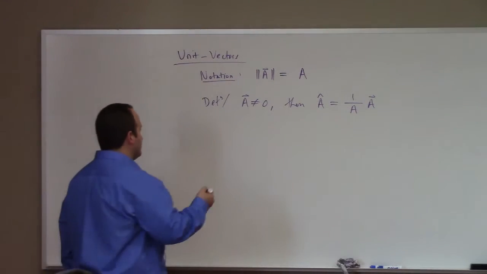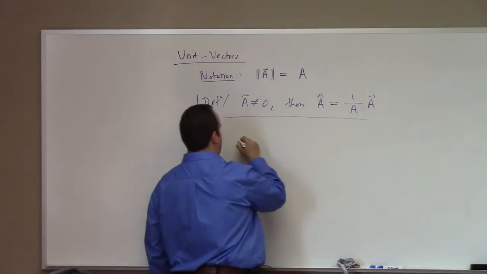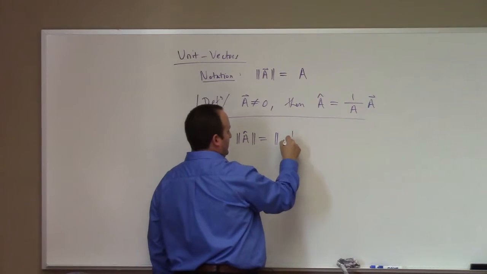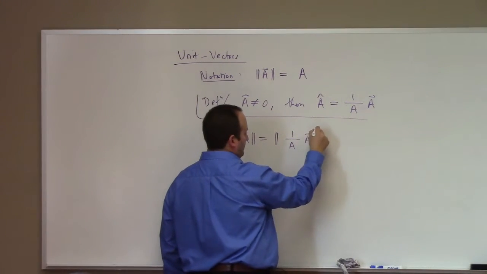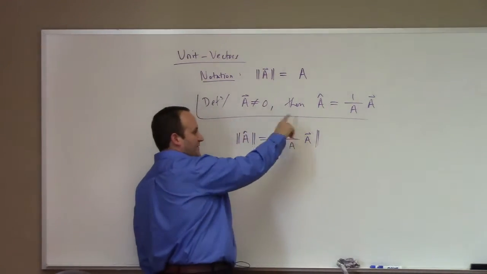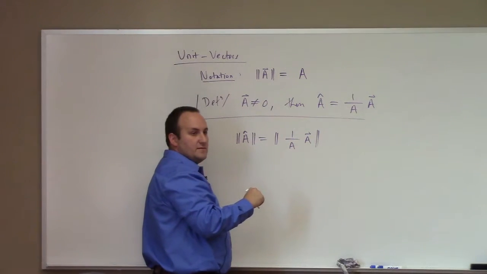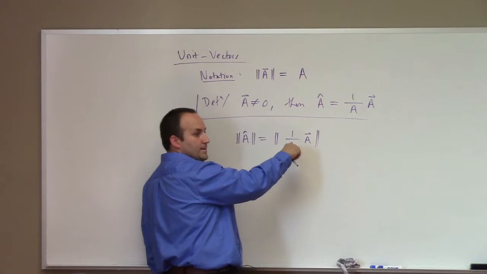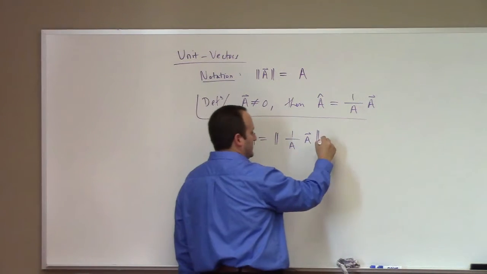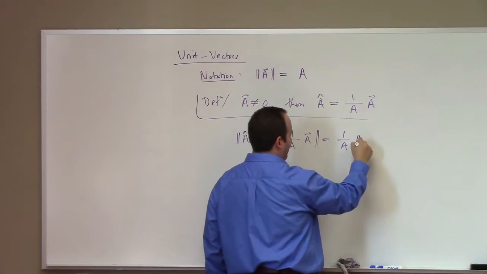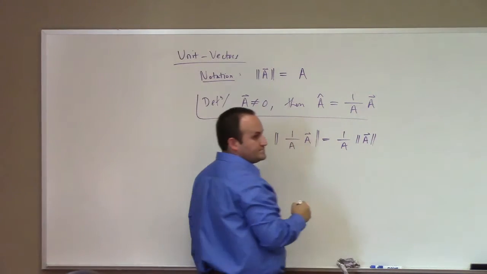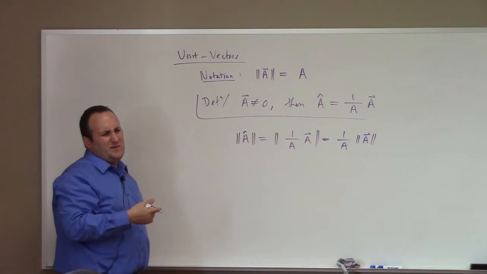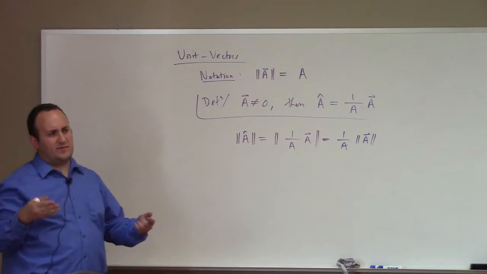Let me prove it for you. Length of A hat is equal to what? Length of 1 over A times A vector. What did we just learn about the length of the vector function? We can pull out the absolute value of the scalar multiplying, right? But this is a positive scalar, so that's just 1 over A times the length of A. By the way, you see why it's so important to have the double bar notation?